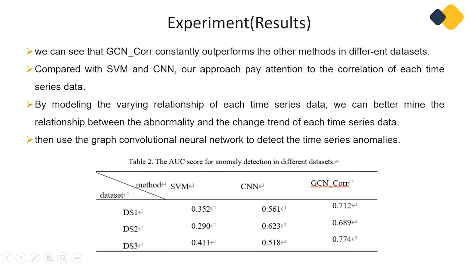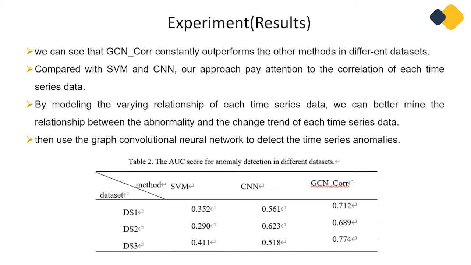The results are shown on the screen in the table. As you can see in Table 2, SVM, CNN, GCN correlation, this is our method. We can see that GCN correlation consistently outperforms the other methods in different datasets.